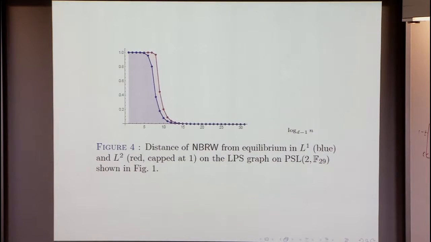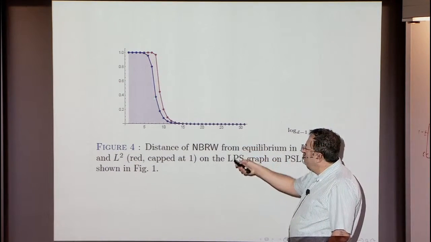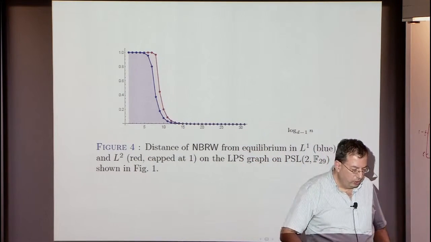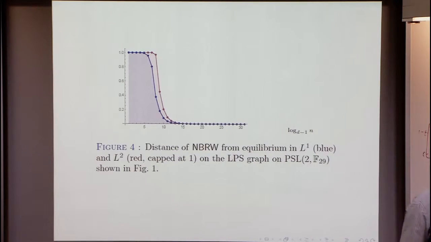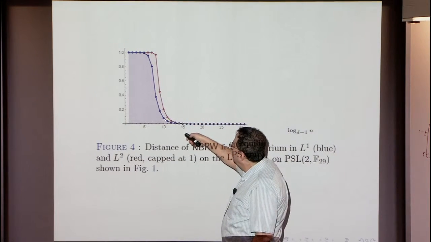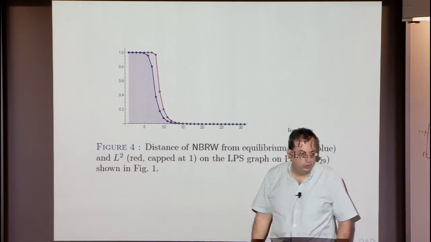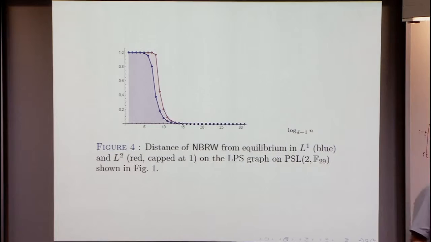However, if you look at non-backtracking walk, this is just the walk where you take a step, and then the next step is uniform among all edges except the edge that you just walked on. If you use non-backtracking walk, then you see from this empirical picture that the mixing in L1 and L2 for the non-backtracking walk happen at quite close times.